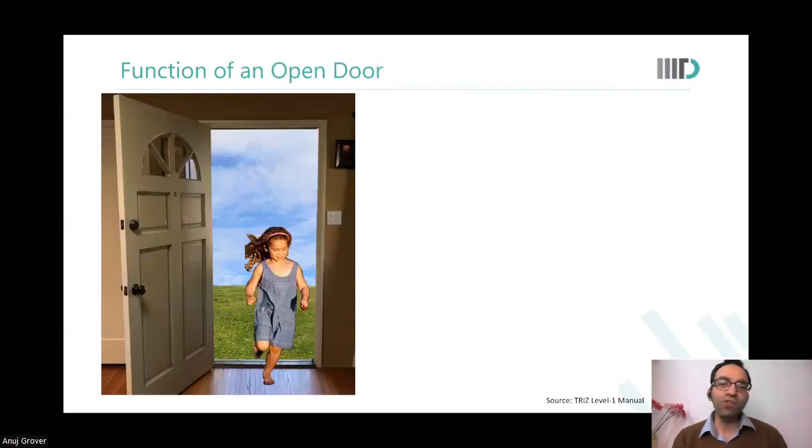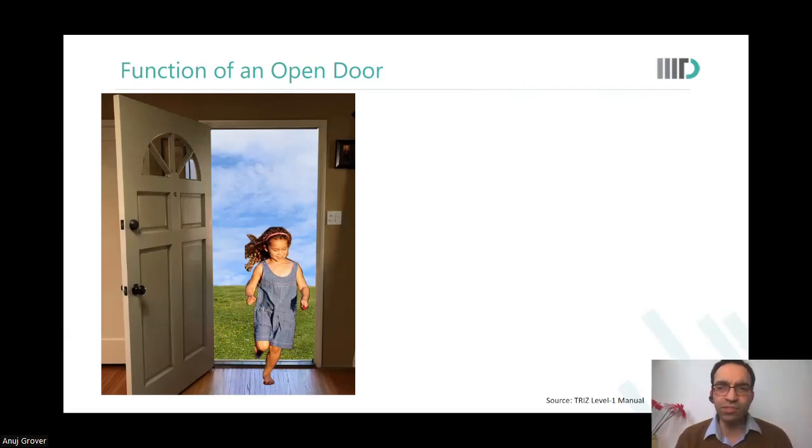Now, what is the function of an open door? To let anyone in. To let a child enter the room. So what is the function carrier over here? Door. Or the hinges. What is the object of the function? The child. So is there an interaction happening?